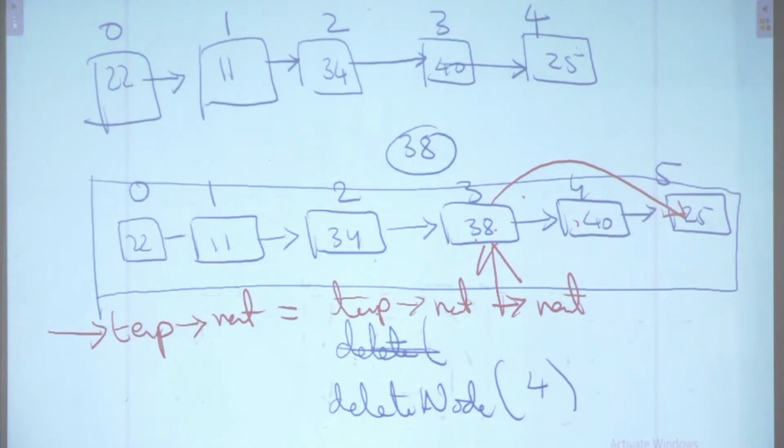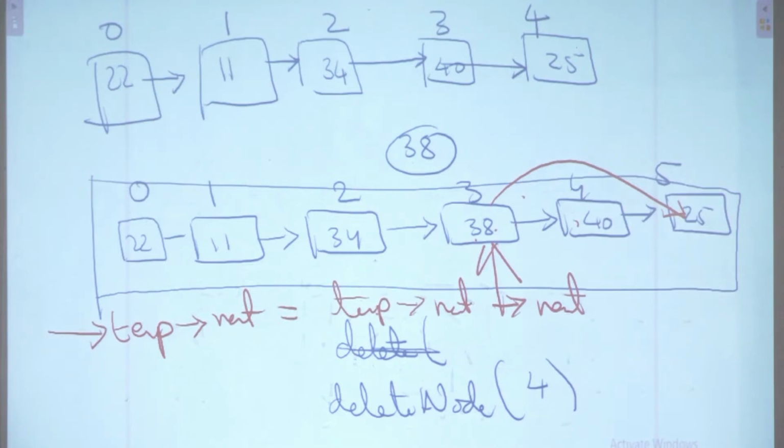I should create another pointer, let's call it dptr. Instead of node pointer, new pointer, let's call it dptr. So I should say struct node star dptr is equal to temp's next. Before this line, I have to take temp's next, because that temp's next is pointing to 40. I have to take that 40 pointer somewhere and keep it with me.